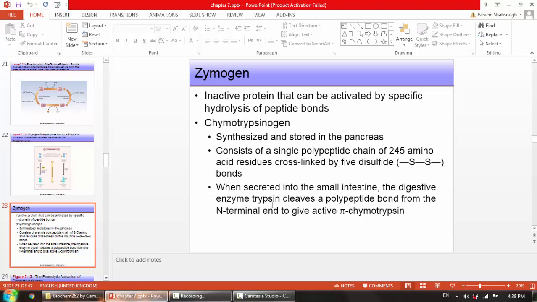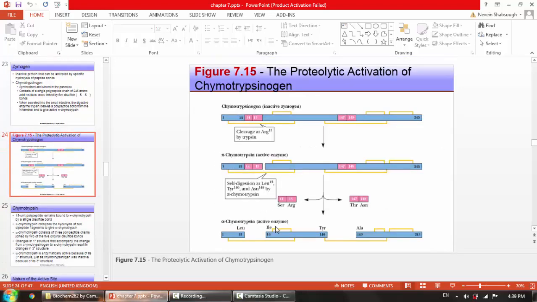However, when secreted into the small intestine, the digestive enzyme trypsin cleaves a peptide bond from the N-terminal end to give chymotrypsin.